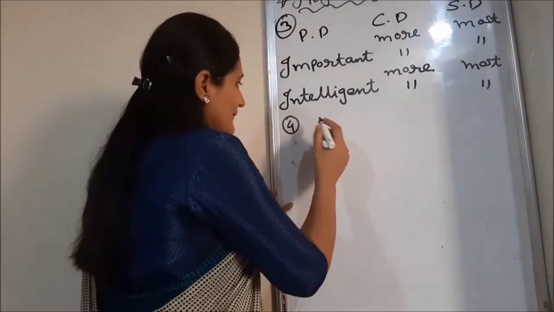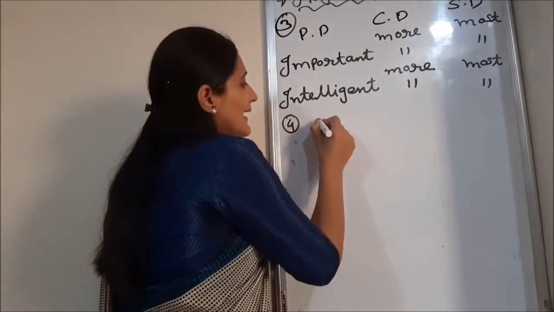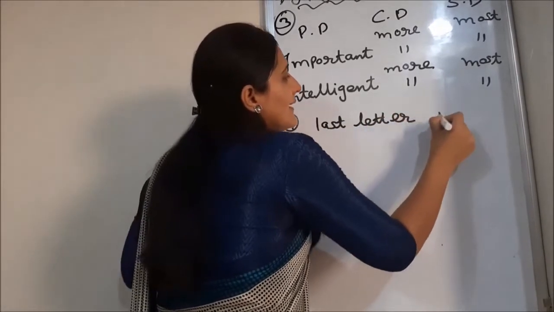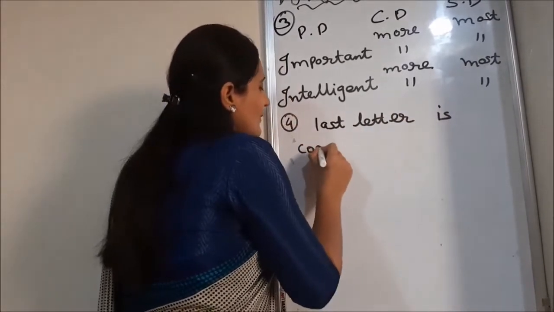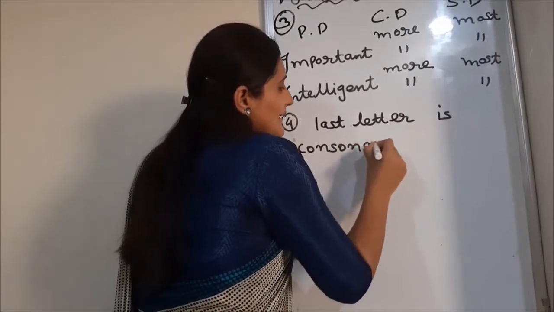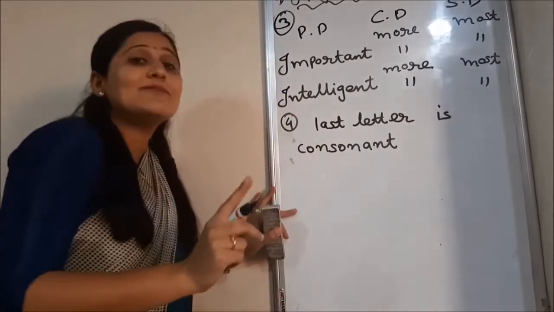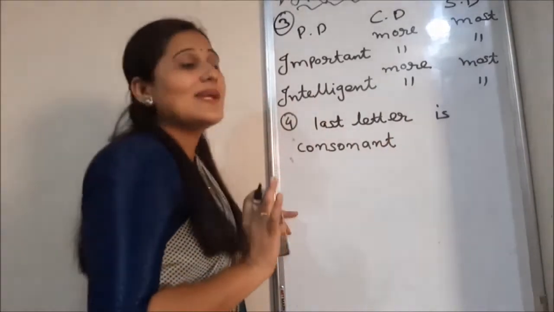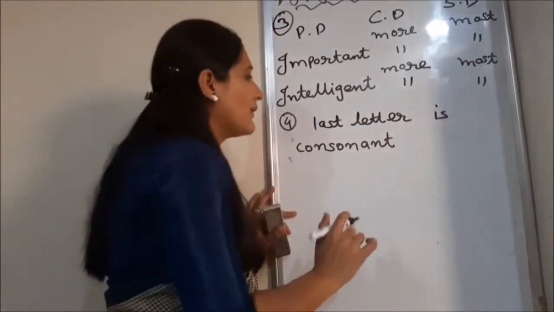The fourth rule: the last letter is a consonant. If you read by paying attention, definitely you will not have any problem.